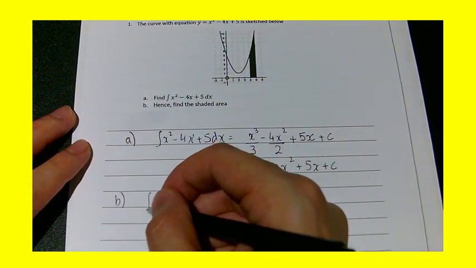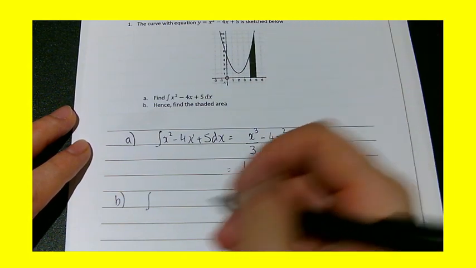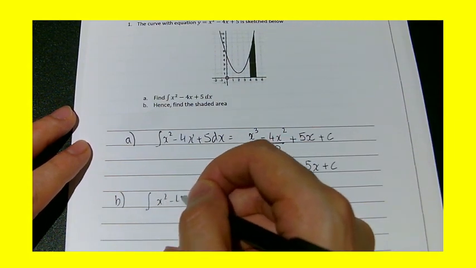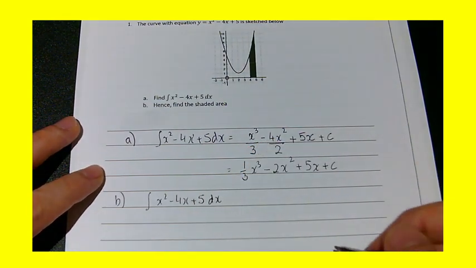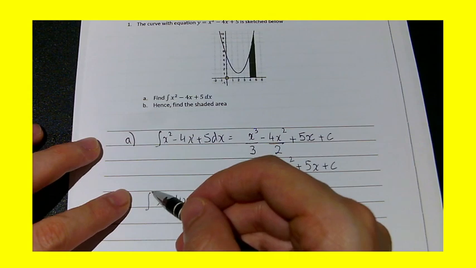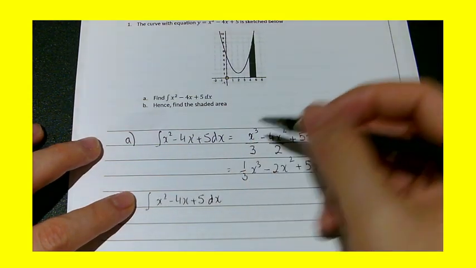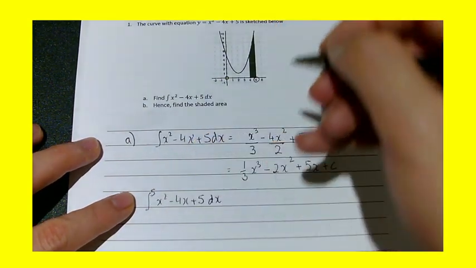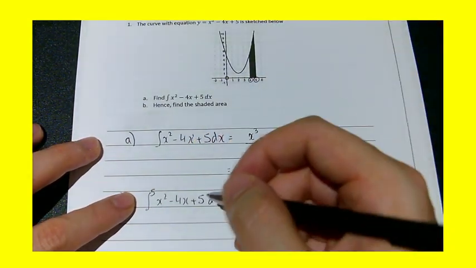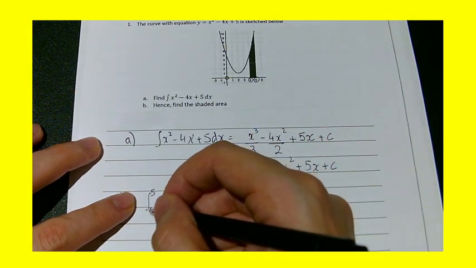Now, remember what I said: if you integrate between two limits, what we do is we set up the integral, and at the top of the sum sign we're going to put the second x value, i.e. the highest limit, which is 5, and at the bottom I'm going to put in 4, the starting limit.